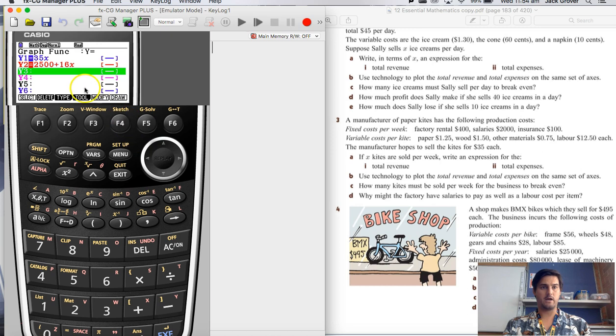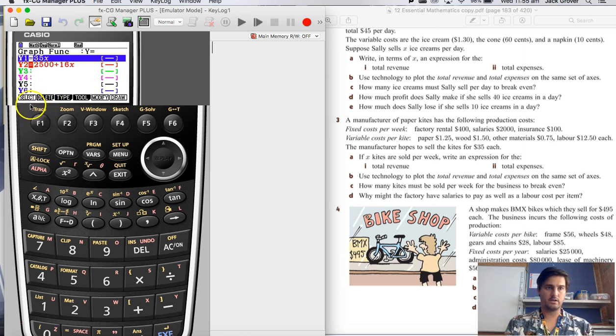Once you've done that, we need to make sure that we've selected both of these. You can tell that because the equal sign is filled in, or behind the equal sign is filled in. If it's not filled in, like that, can you see how that up there has changed to being not filled in?